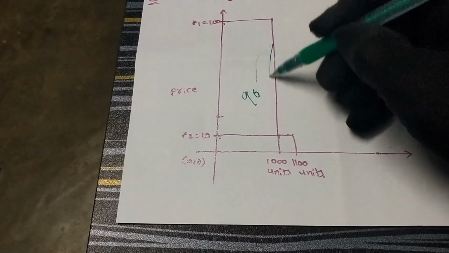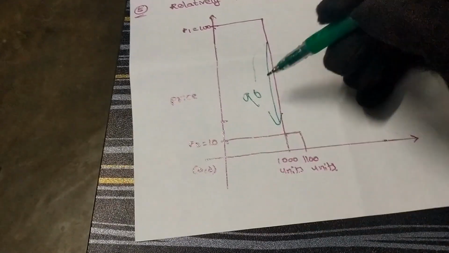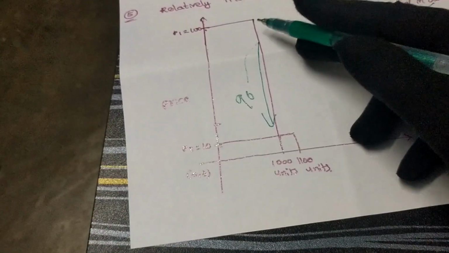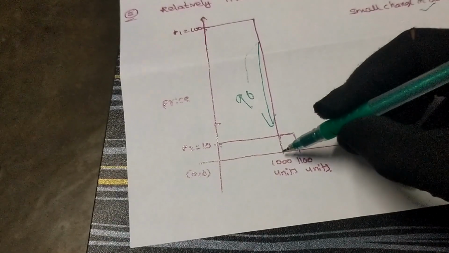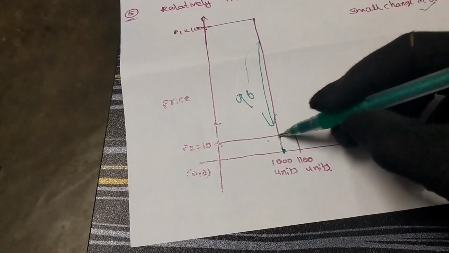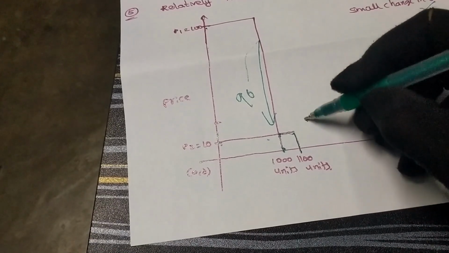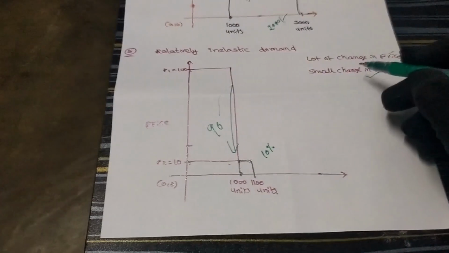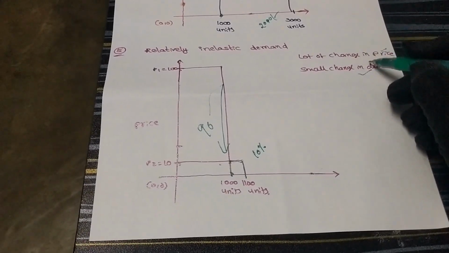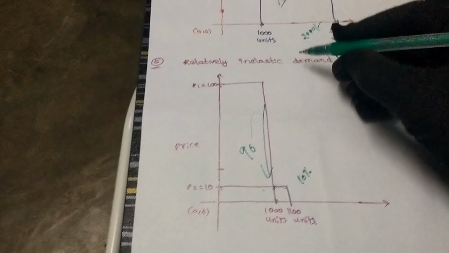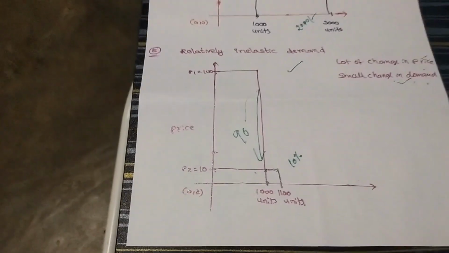The price fell by 90 rupees. But the demand, when the price was 100 rupees, the demand was 1000. But when it fell to 10 rupees, it is just 1100. Only a 10% increase. So when there is a lot of change in the price but a small change in the demand, then it is called relatively inelastic demand.